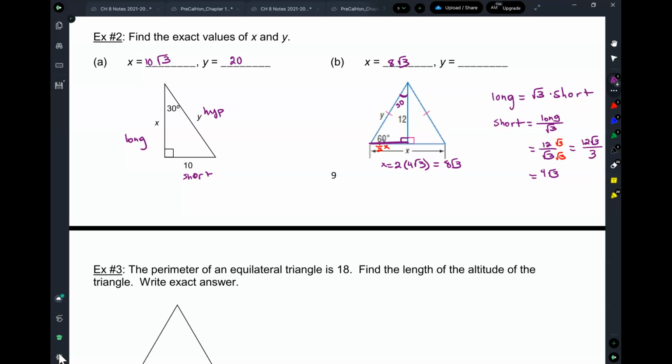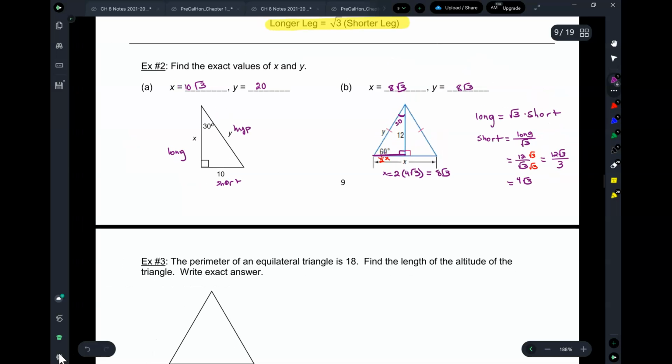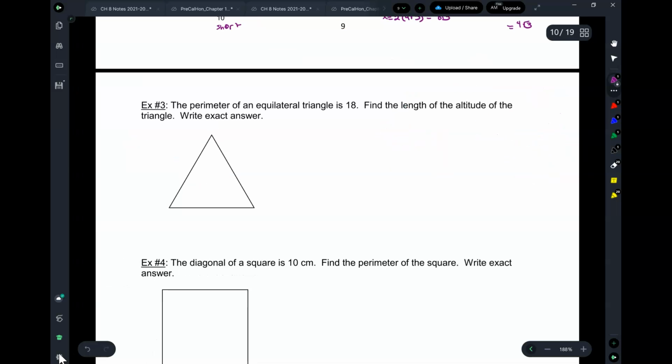The hypotenuse is also 2 times this, right? But also, look at this. This entire thing was an equilateral triangle. So whatever this side is, that's also the same. So that's also 8 root 3. Okay. Let's do the next one.